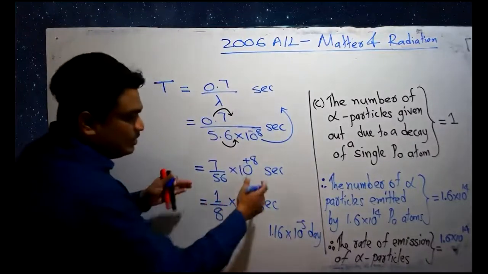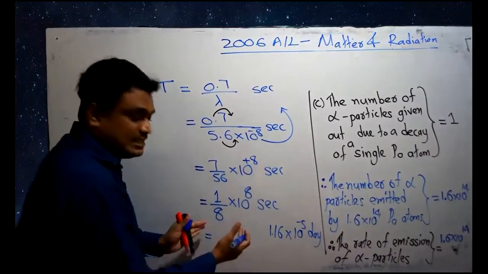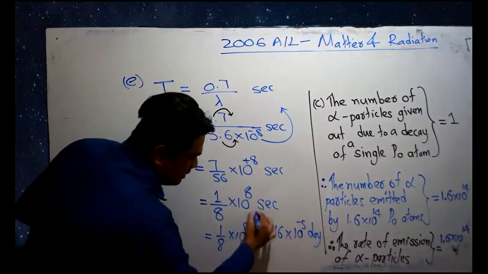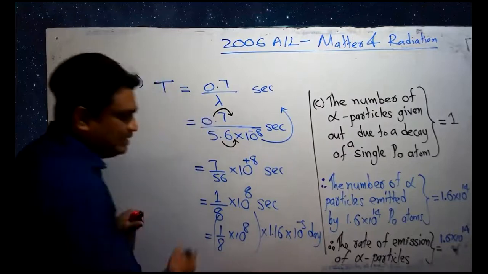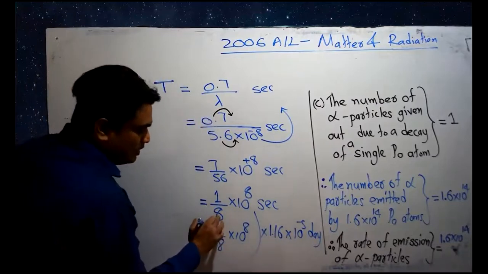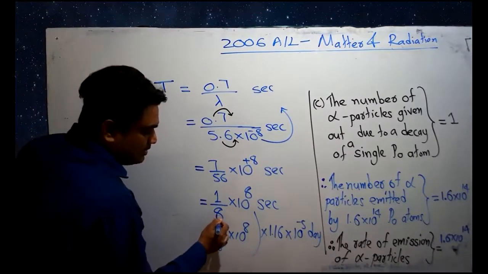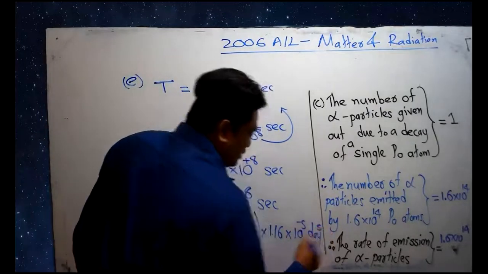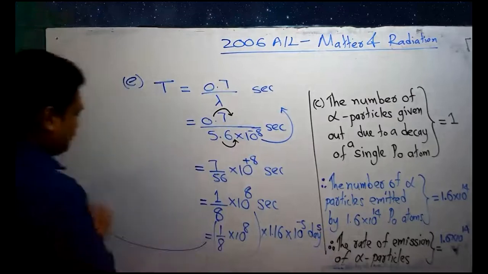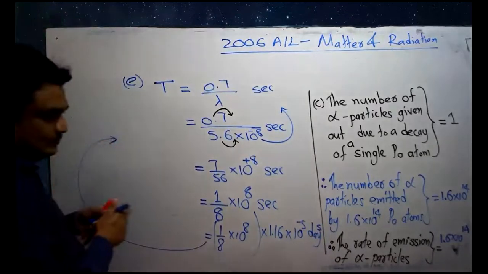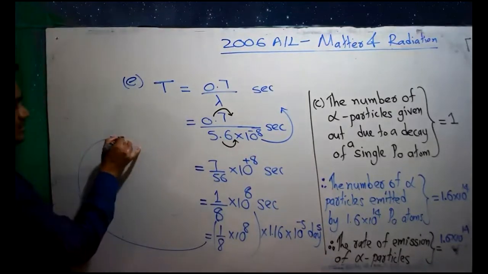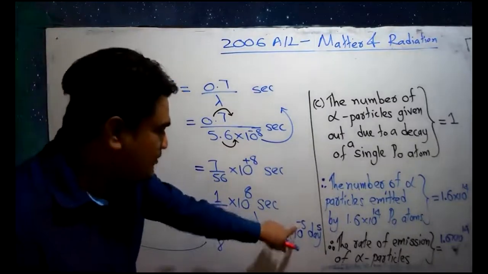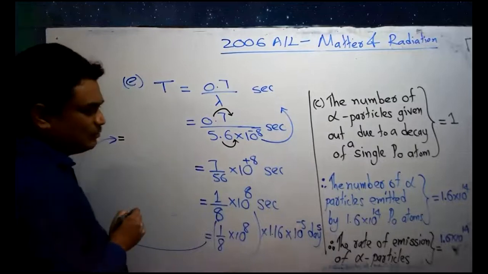So this many seconds should be equal to 1.8 into 10 to the power 8 multiplied by this. Then we can convert seconds into days. So what will be the final answer? How do we convert this? Plus 8 minus 5, that's so simple. That is 10 to the power 3.